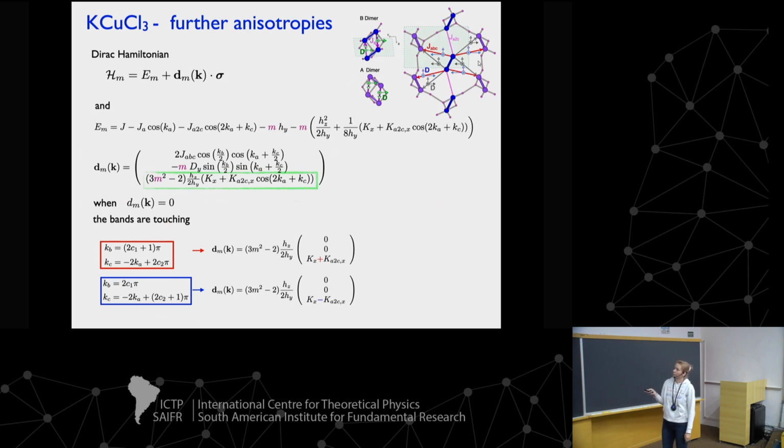And once we plug in again our criteria for the vanishing X and Y components of this D vector, we see that this is what the D vector looks like now when we have those anisotropies. Of course we can't satisfy both of these conditions simultaneously, but depending on the size of these anisotropies, we can either have a fully gapped system or have some degeneracies.